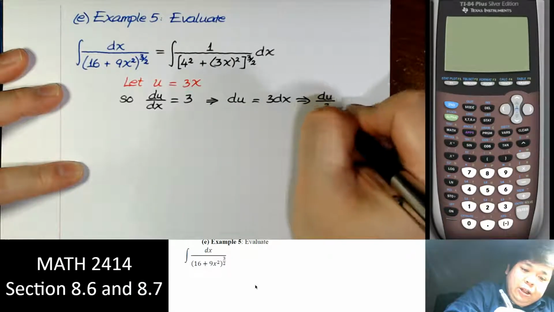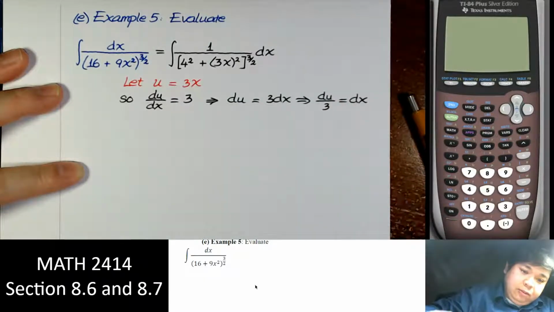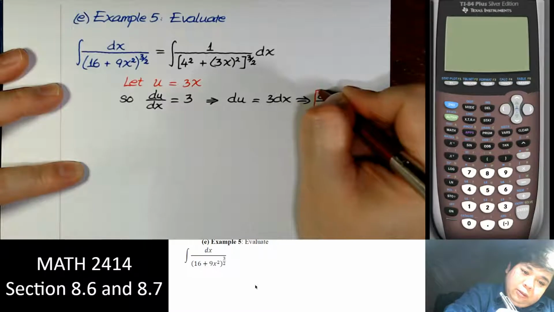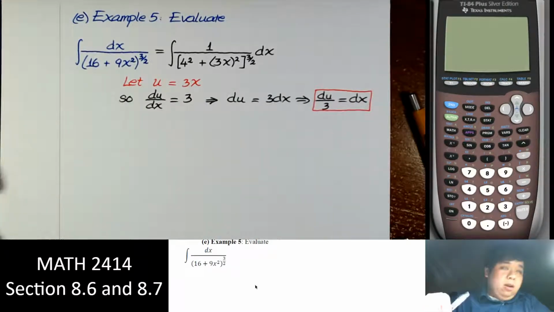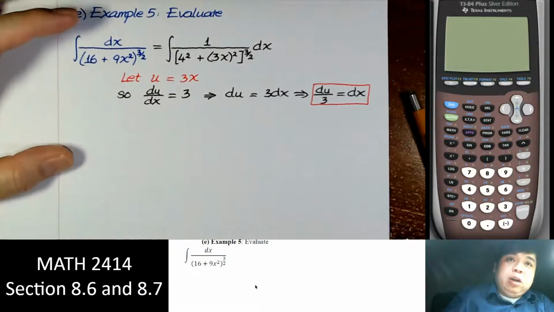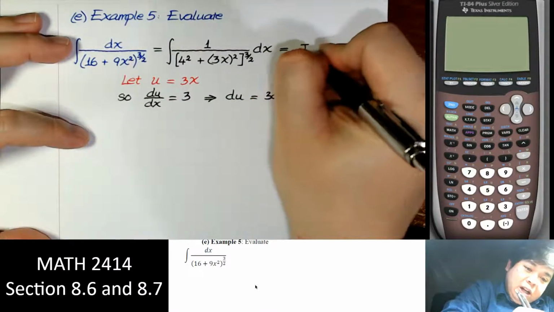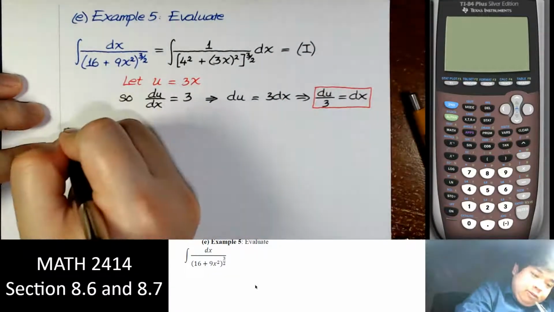Du over 3 is equal to dx. Most of this problem in the section we have to make a preliminary substitution, so we bring that into the right form.